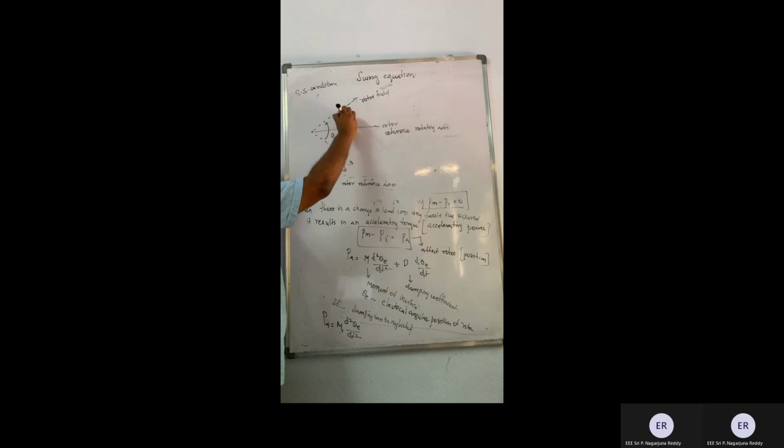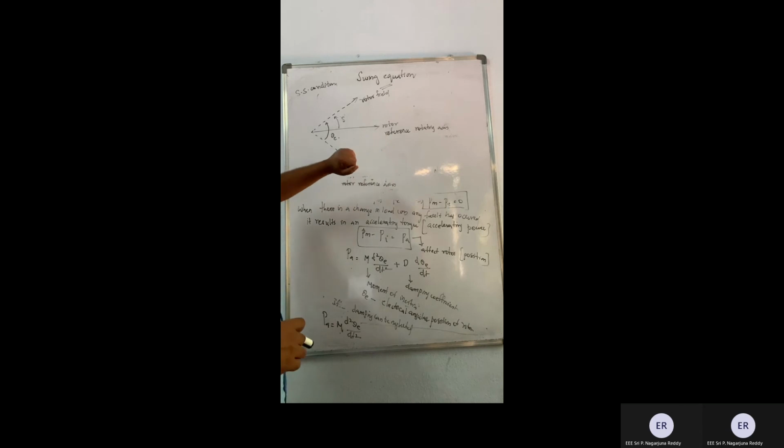This is often referred to as delta. You can see that in your machines or in power systems. You don't find theta; you normally find delta. Delta is the actual displacement with respect to the new reference axis. This is the new reference, and this is the normal reference axis which will be there in the synchronous machine. People will be considering the reference rotating axis.